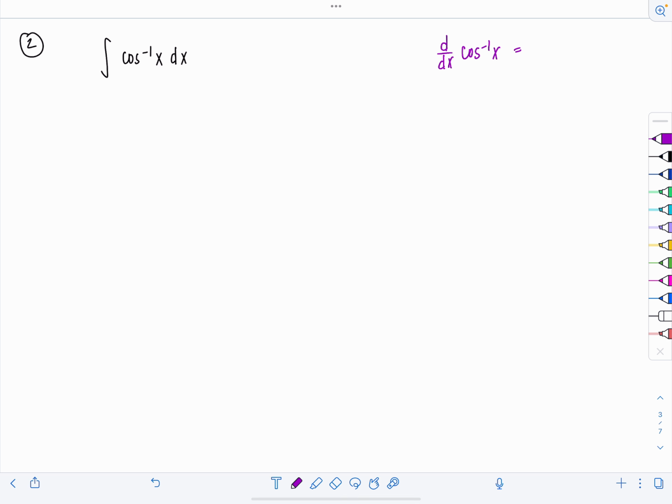The derivative is negative 1 over rad 1 minus x squared. But that's not what they're asking us for here. We're asked for the antiderivative of cosine inverse of x dx. Oh me, oh my. And no, it does not involve a sine inverse, okay? So don't start making up some weird illegal rules.